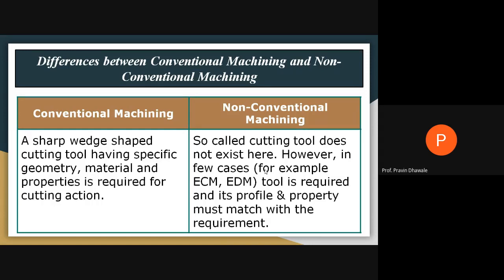Whichever shape you have to generate on a workpiece, the same profile of the tool is produced, so that that shape can be generated on the workpiece. This is the difference between these two processes by considering the cutting tool. You write the difference and make its point.